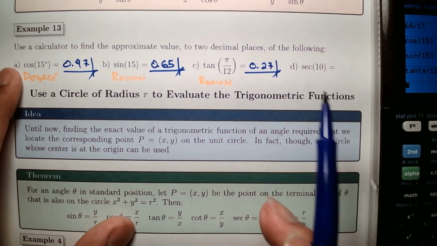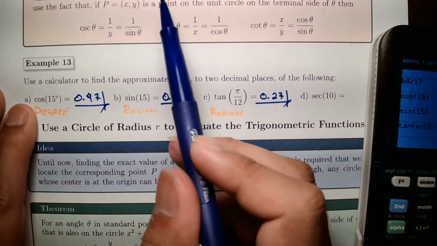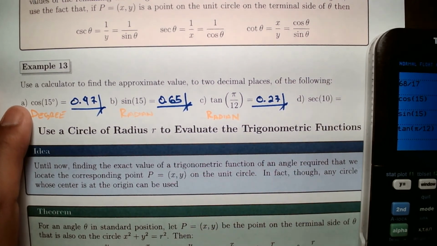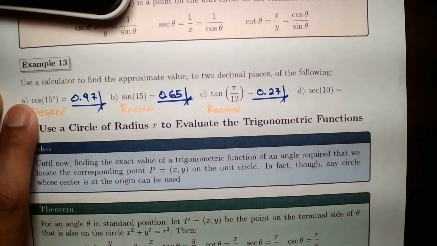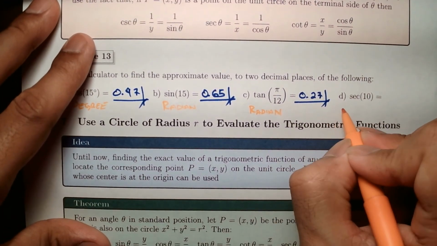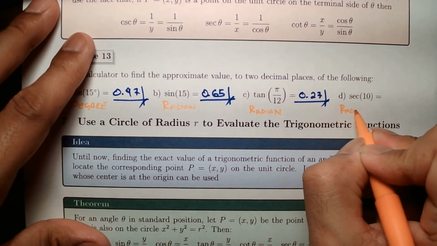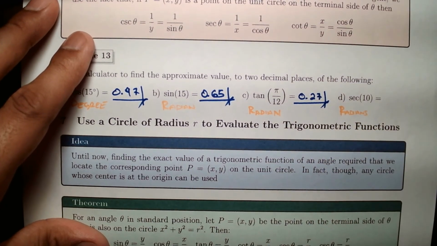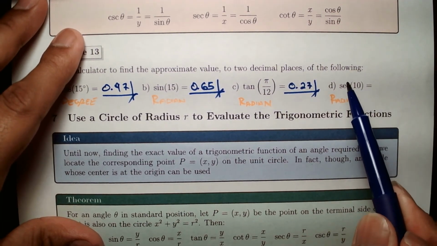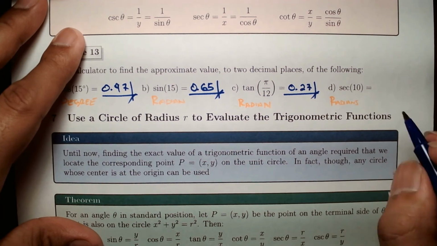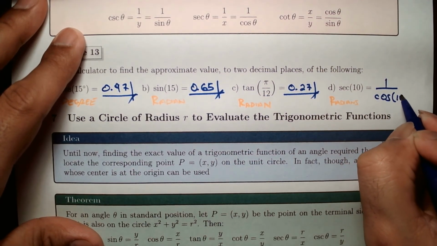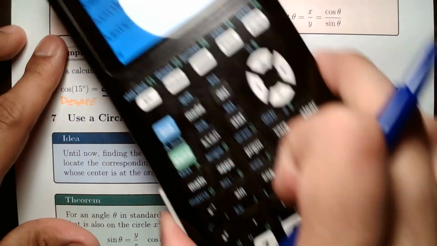Okay, what about secant? Like we described in the box above, we don't have a direct secant on the calculator. Number one, we need to be sure that in this case, we don't see the degree symbol. This means that this is also in radians. But before we can plug it in, we don't have a secant function. We need to convert this to 1 over cosine of 10. And again, it's in radians.